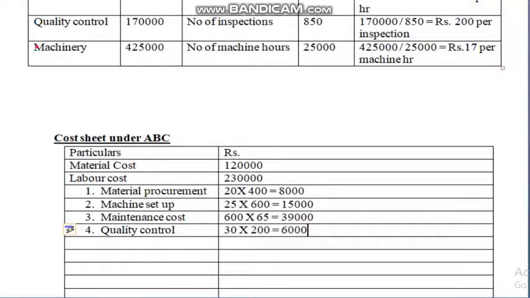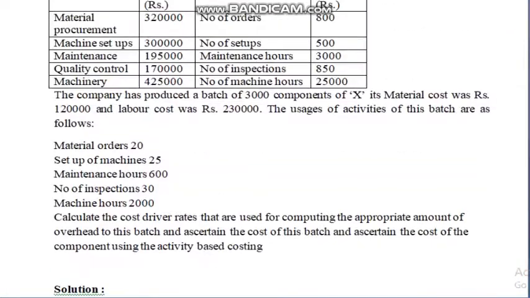Now the last activity is the cost of machinery. Machinery is based on the number of machine hours. Here the number of machine hours is 2000.